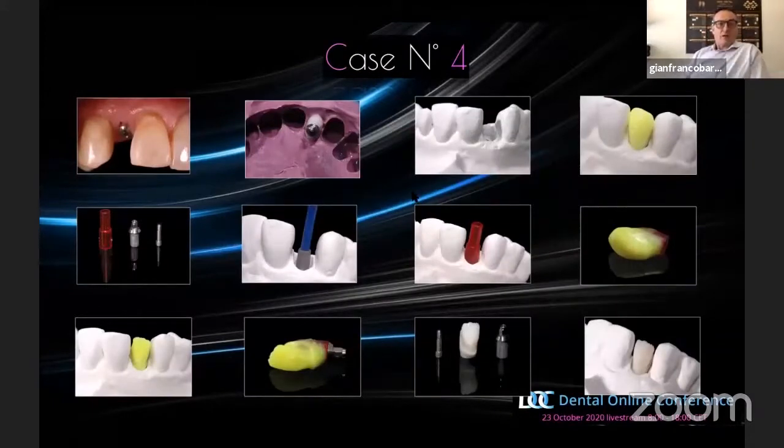Now we are going to talk about a case made with a different kind of T-base. This T-base is made to manage all the work totally in lithium silicate.